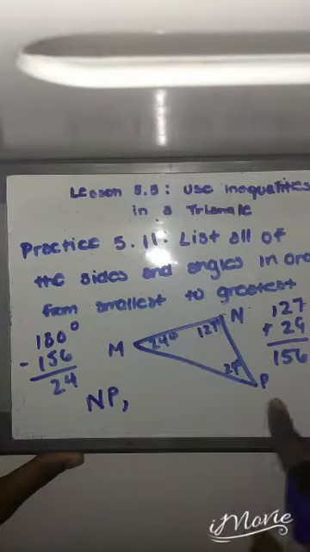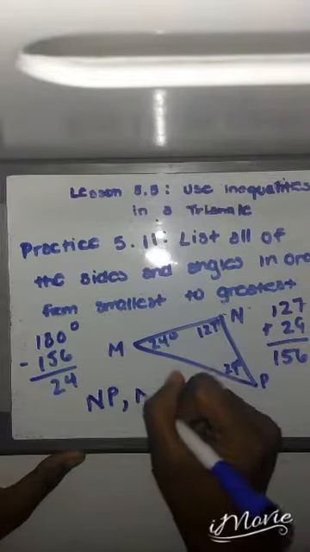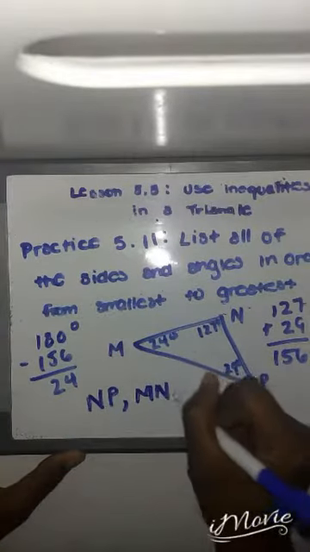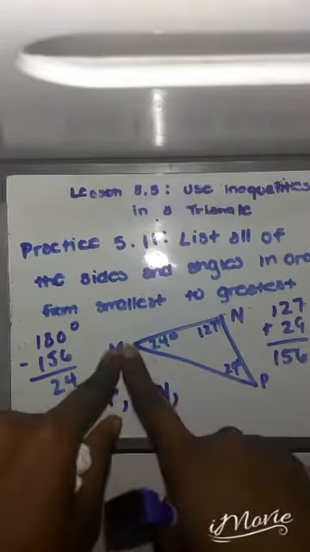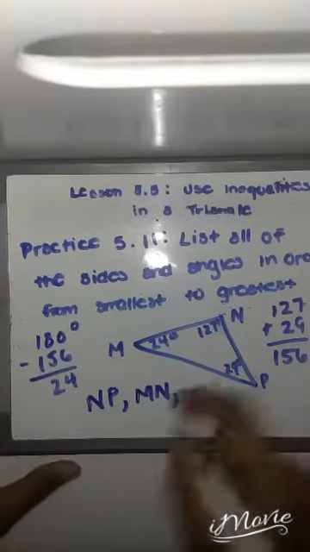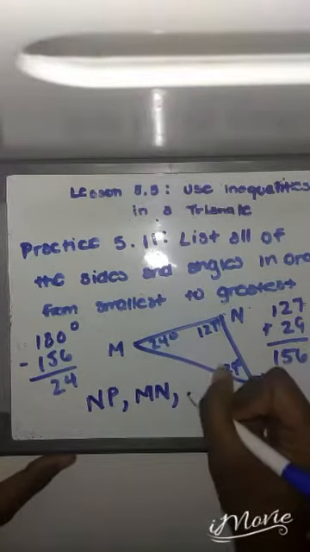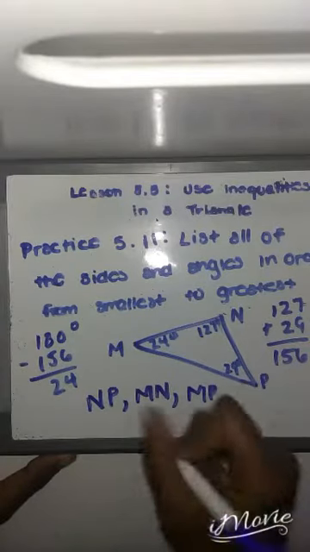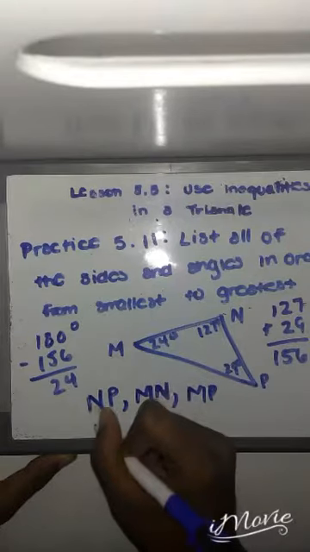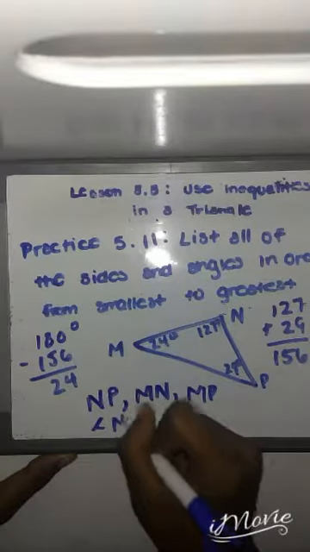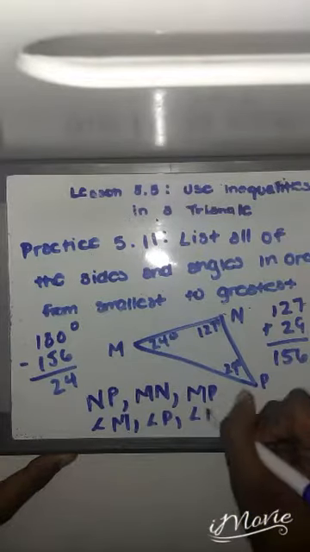So the side length opposite angle P is MN. Last but not least, the largest angle is opposite the largest side. So 127 is opposite MP. And then we can just say the order from smallest is angle M, angle P, and angle N.